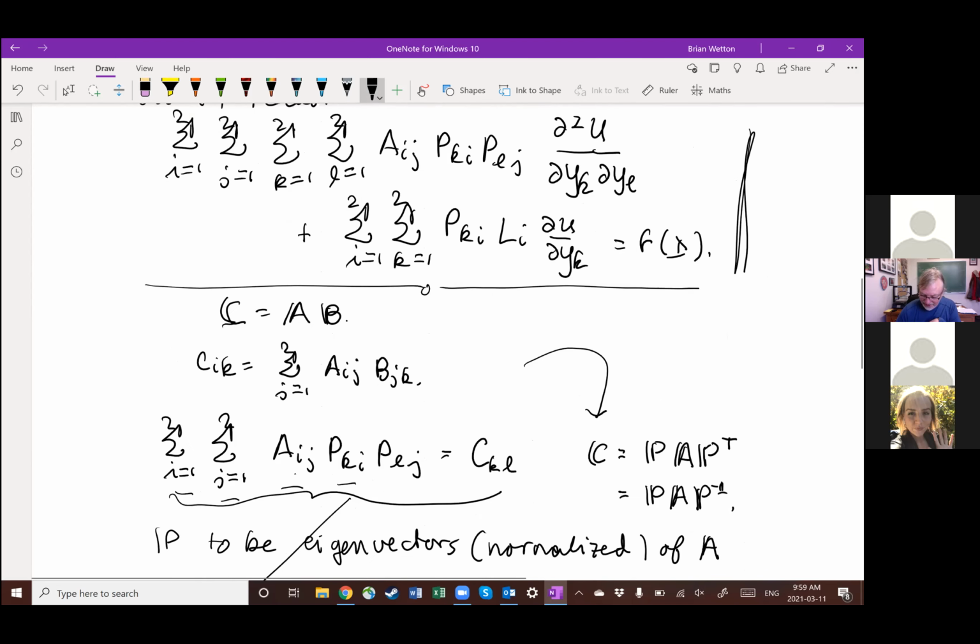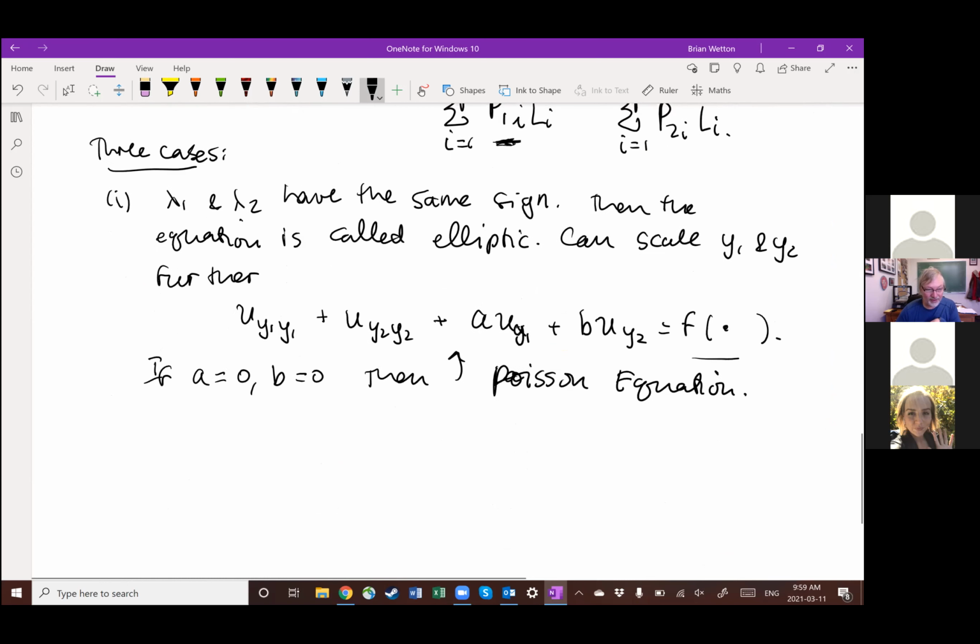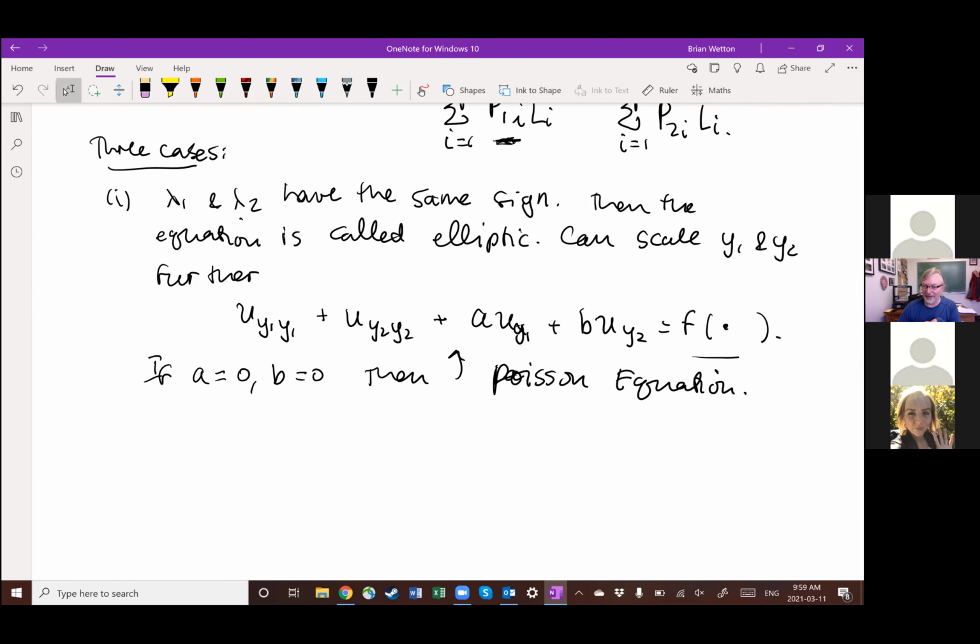There's a whole class of those problems which under changes of variables just look like the Poisson problem, which is why we study it, right? Because it's not just representing this problem, it's representing a whole class that can come from a generalized setting. Okay, well, obviously lambda 1 and lambda 2 don't always have to have the same sign. They could have opposite signs.